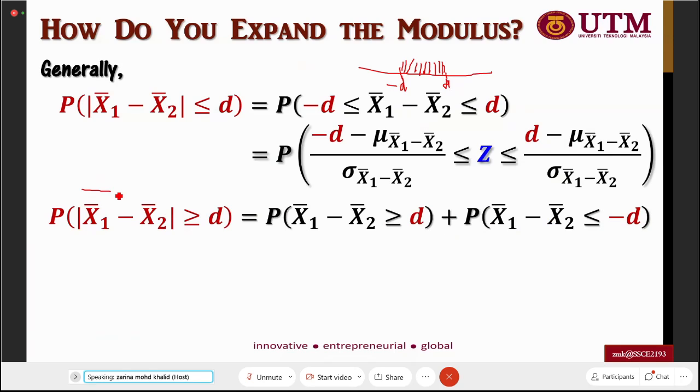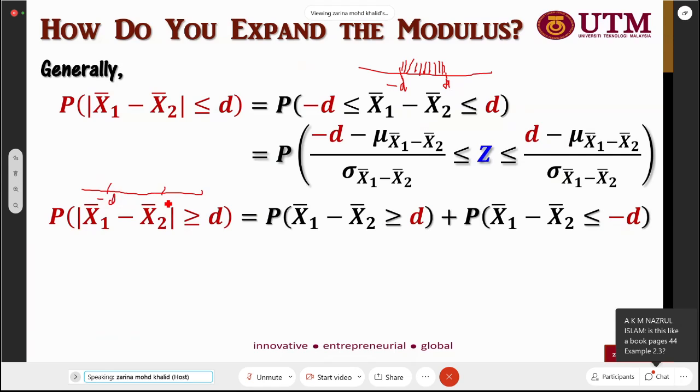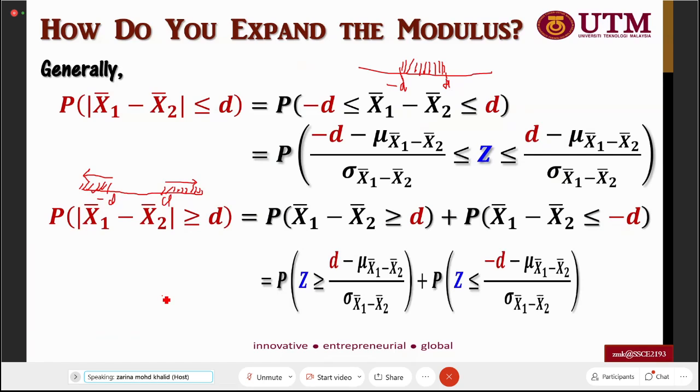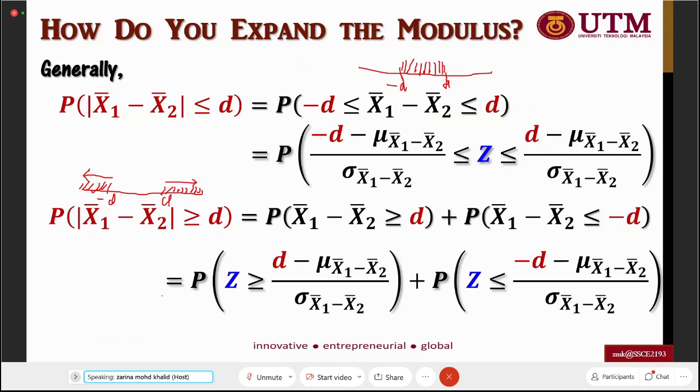So if this is negative d and this is d, you're talking about the tail areas. So you have above d plus below negative d. Then only you can expand or standardize.